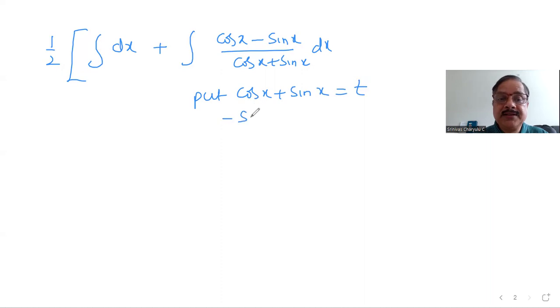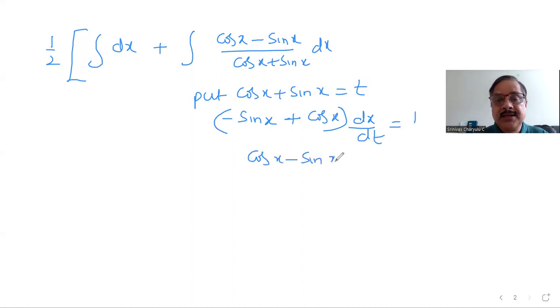Differentiating cos x gives minus sin x, so dt by dx is cos x minus sin x. Therefore cos x minus sin x dx is equal to dt. So in the second integral, the numerator part became dt.